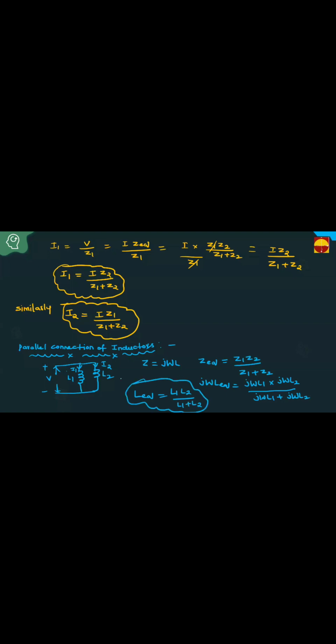Then I1 equals I into Z2 by Z1 plus Z2, that is I into L2 by L1 plus L2.